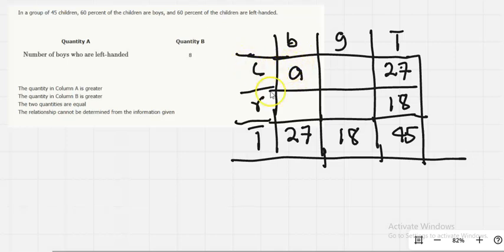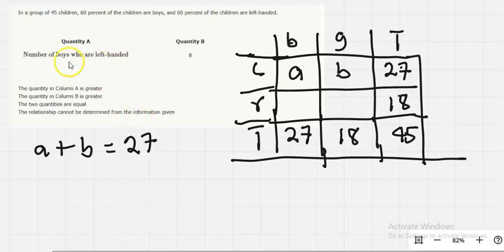Boys that are left-handed and boys that are right-handed, the total number of boys will give us 27. So that means the number of girls that are left-handed will be here. So A plus B equals 27.